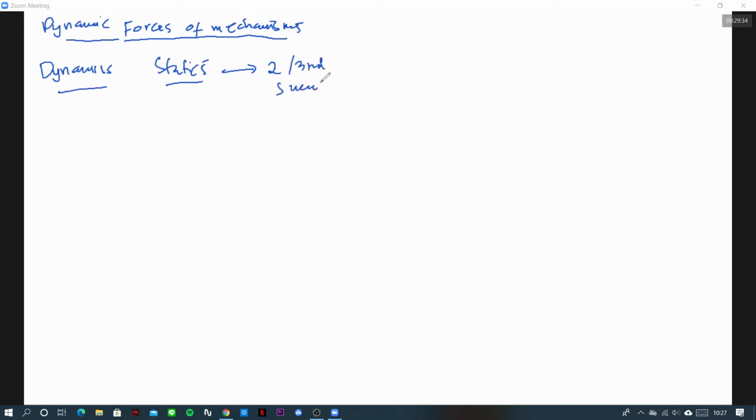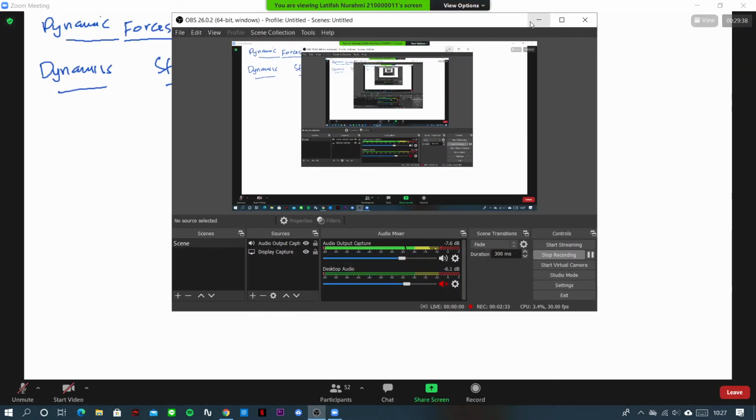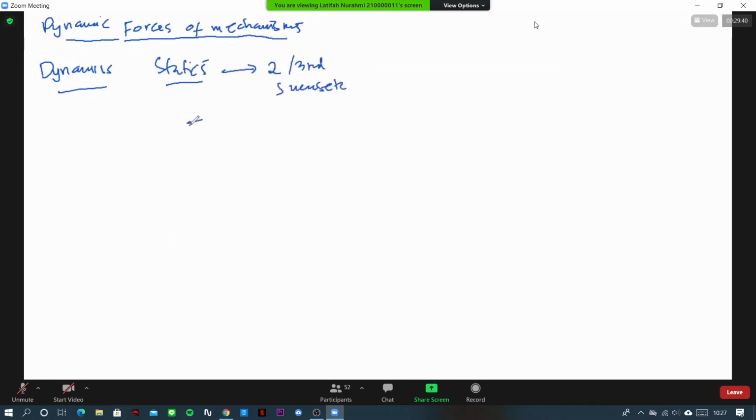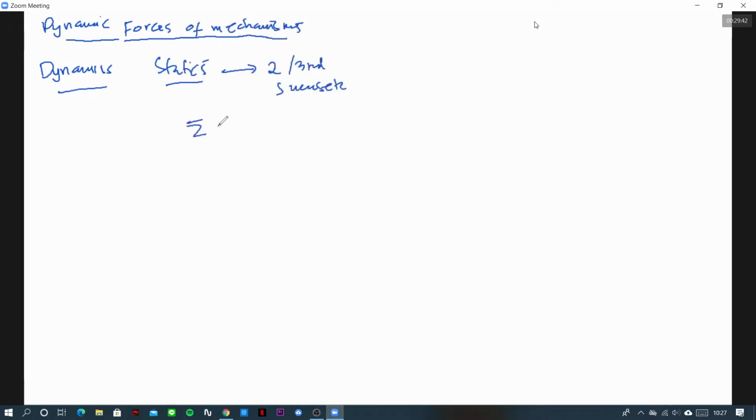So what is the difference with the dynamics? In the statics analysis, you are using the first law of Newton, sigma F equal to 0. Why 0? Because there is no acceleration, or acceleration is very small, so that we can consider it equal to 0.